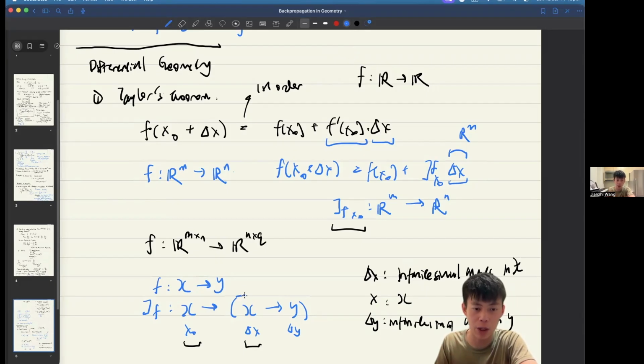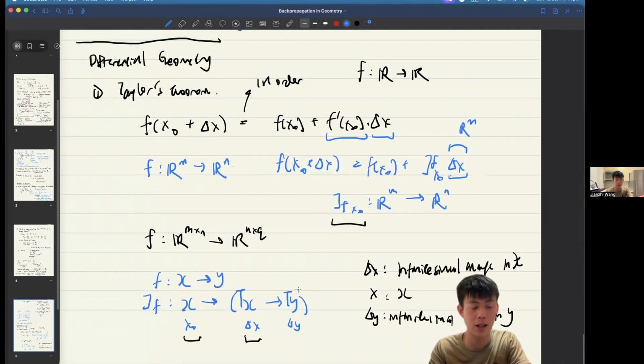We usually label it with a T in front. I will explain more about this later on, but for now, I just want to impress the fact that x naught and delta x, we should by right think of them as living in two different spaces. Because one is actually living in the input space, the other is an object that denotes an infinitesimal change in the input space.